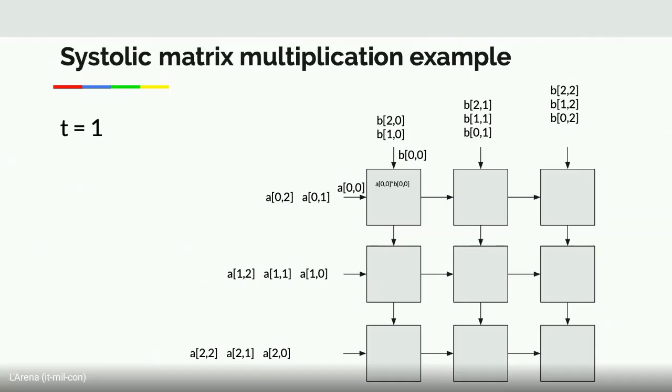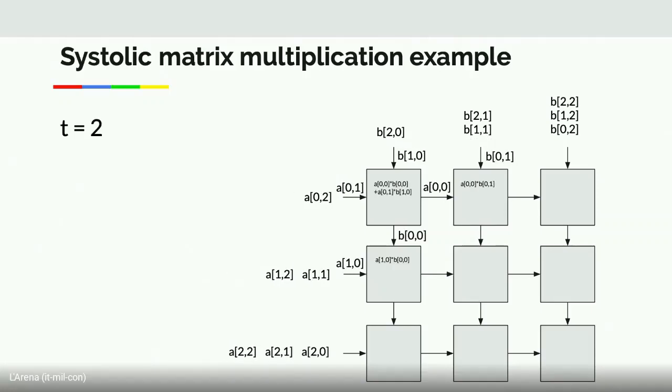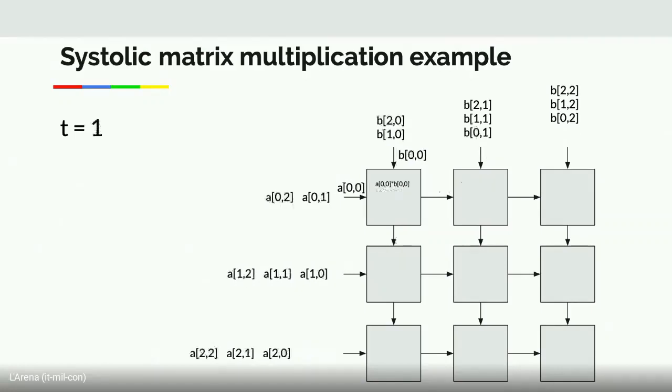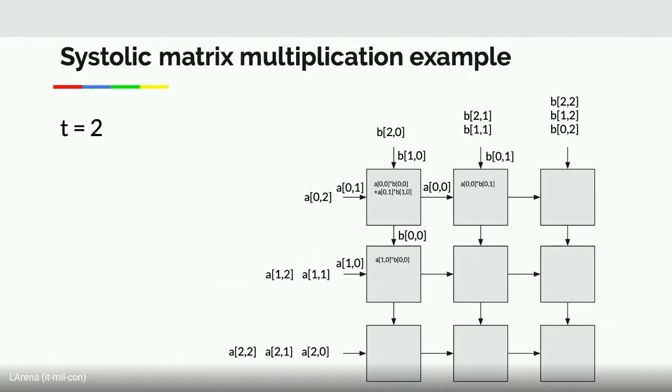So at a certain point, this number will be an input for this unit. Okay, and the same goes for this one. It goes down, and they go down one after the other. Okay, and they go right one after the other. So at time 2, this number will exit from here. This number that was here will exit here. And suddenly this unit has 2 inputs, so it multiplies them.